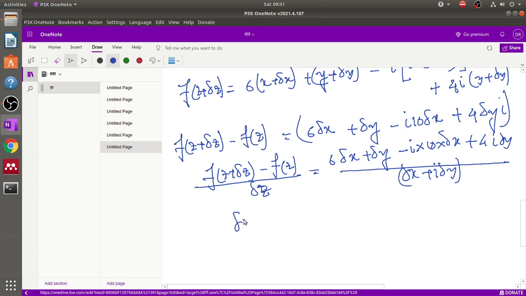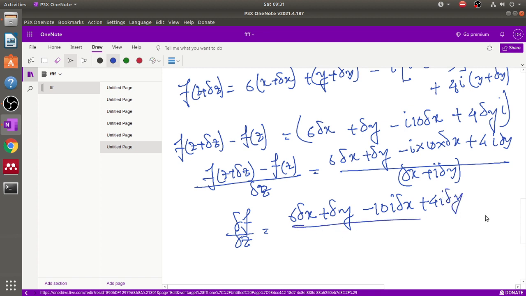Therefore del f by del z equals 6 delta x plus delta y minus 10 i delta x plus 4 i delta y, divided by delta x plus i delta y. This is the value of del f by del z. There are two parts separated: one along the real axis and one along the imaginary axis.